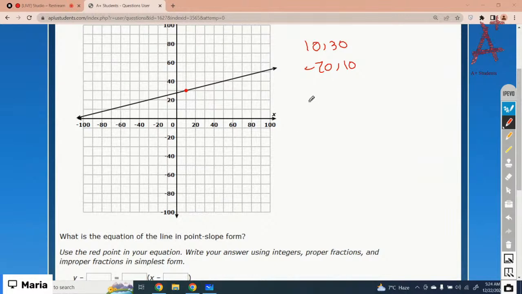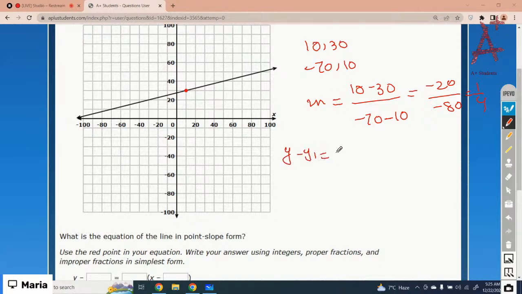So first I'm going to find the slope. Slope is change in y, 10 minus 30, divided by negative 70 minus 10. So it would be 10 minus 30 is negative 20, and negative 80, it would be 1 over 4, because 20 times 4 is 80. Got it? So we have the slope. Just put the slope in the equation. y minus y1 equals m times x minus x1.